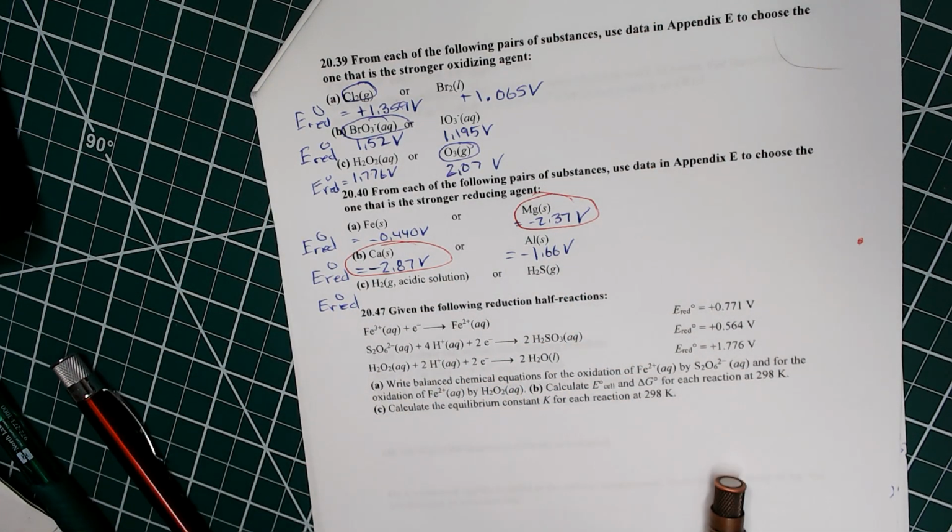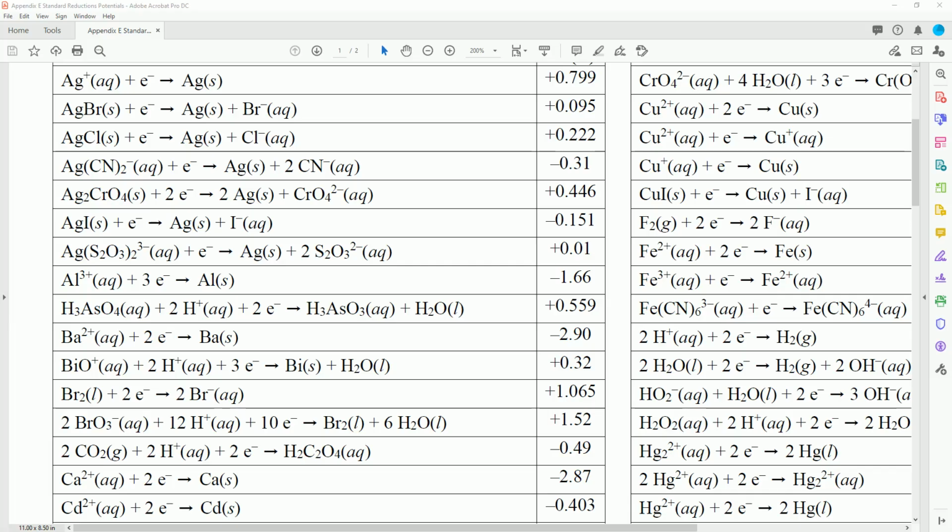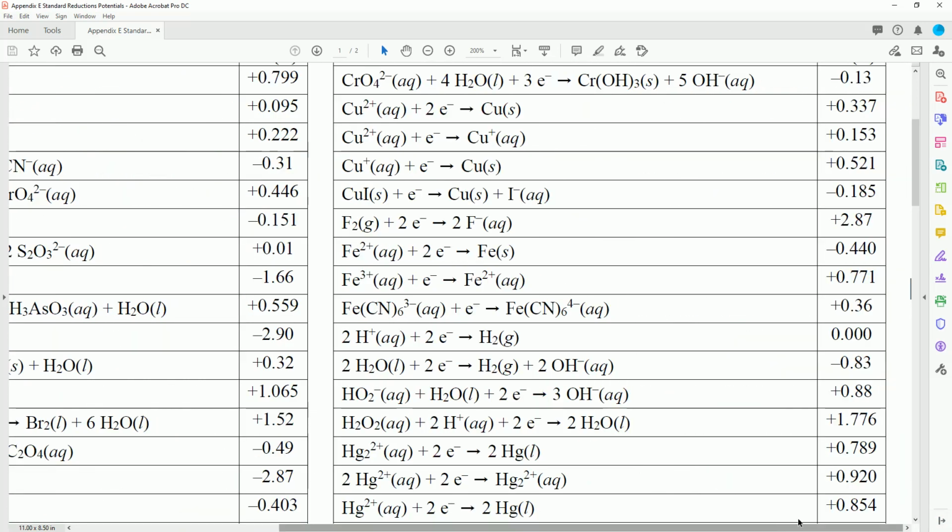So now, just one more. Hydrogen, I know this one without even looking it up because that one is by definition going to be 0, but there it is, that one's 0. So hydrogen is 0 volts. And then H2S, so we want to find the H2S.